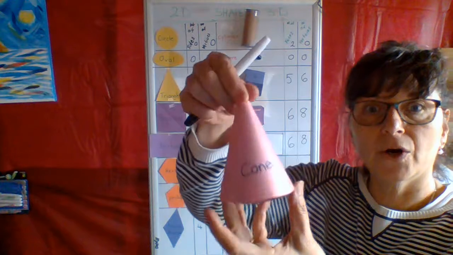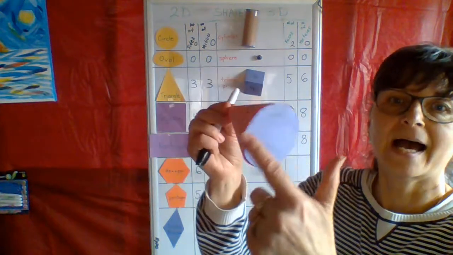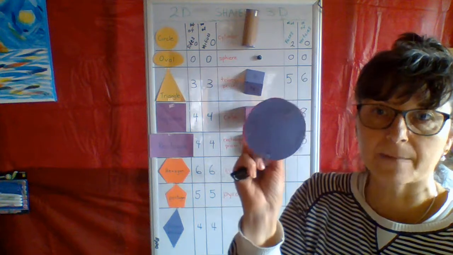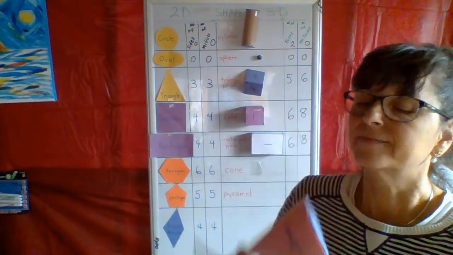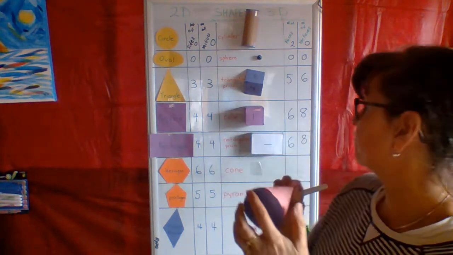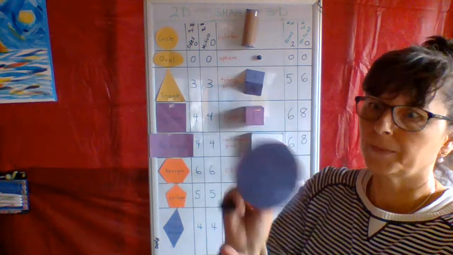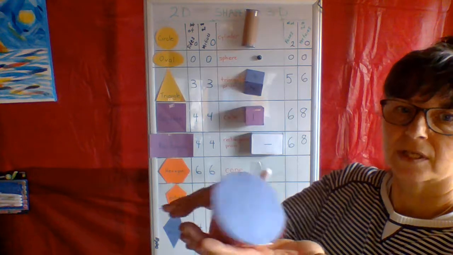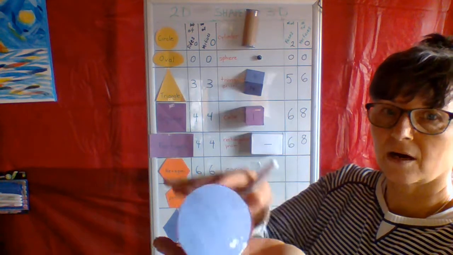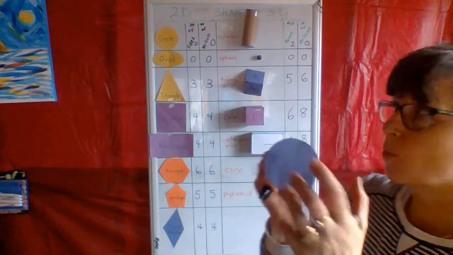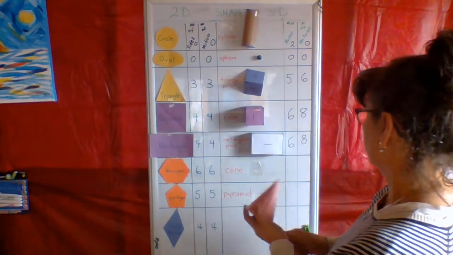So our cone has what kind of a face on our cone? And the face, remember, is the flat part. That's right, it's a circle. So we have one face. Would this be called a face? No, because it's round and it rolls on a flat surface. So we have just one face for the cone.